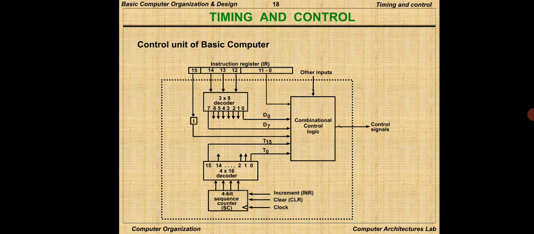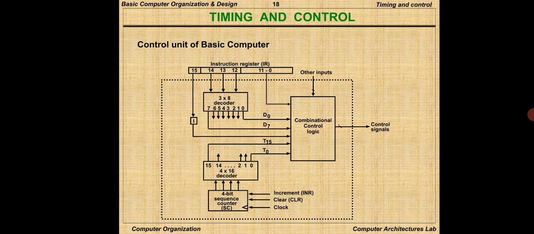Now, I am using a 3 by 8 decoder here. What will this 3 by 8 decoder do? I will take 3 bits from my instruction register. These 3 bits give a total of 8 combinations, and each combination has its own functionality, as we saw in our previous class.